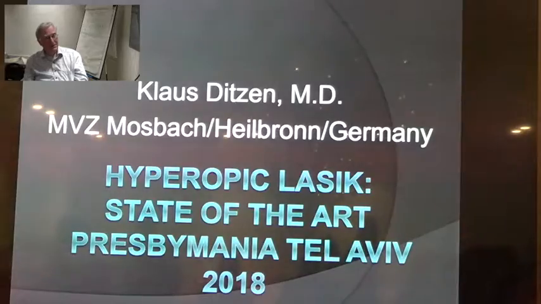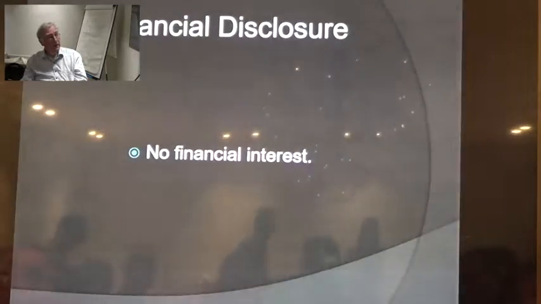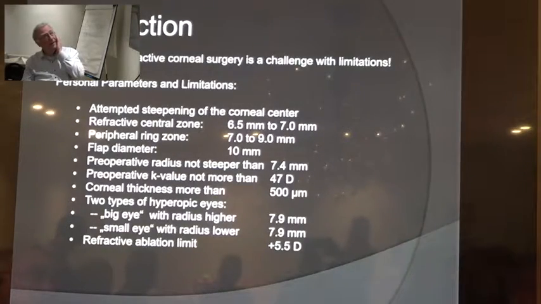So now my other talk is hyperopia LASIK, hyperopic LASIK. You see, hyperopia is a challenge in refractive surgery, and in hyperopia you have much more limitations than in myopia.